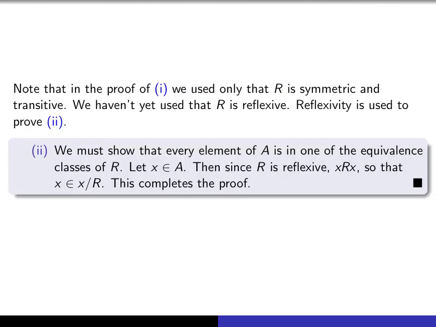We have to show every element of A is in one of the equivalence classes of R. So give yourself an element X of A. Since R is reflexive, X must be related to itself, and therefore X lies in the equivalence class X/R. That's all there is to it. And that completes the proof.